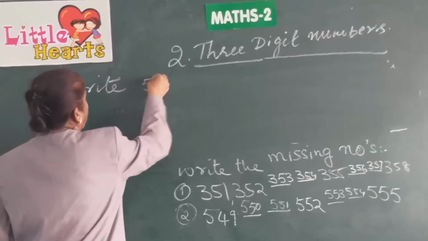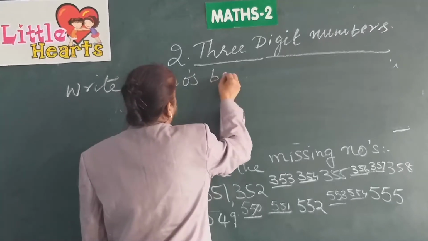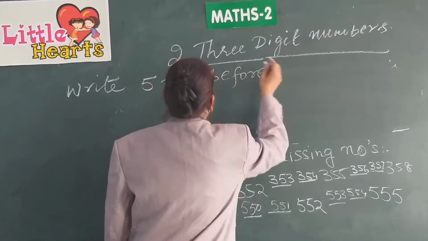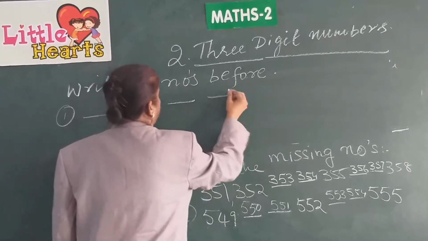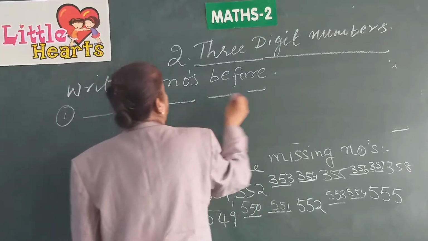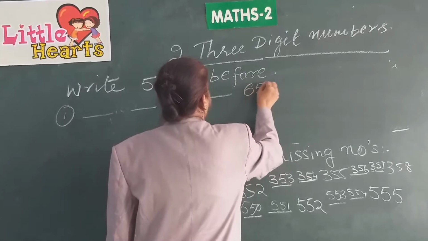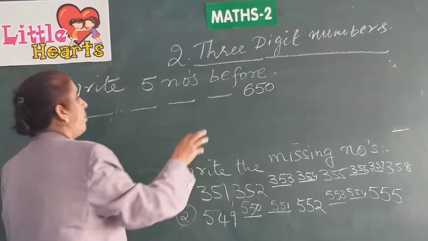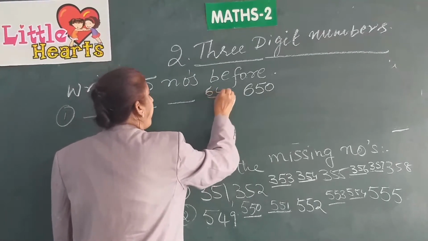Write 5 numbers before this. This is 650. The number before 650 is 649.